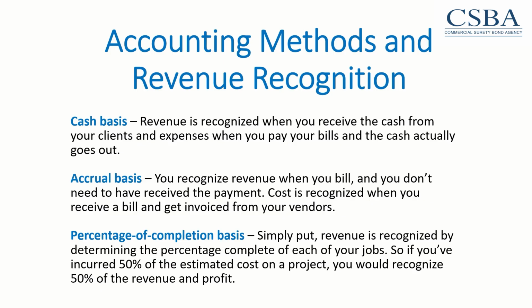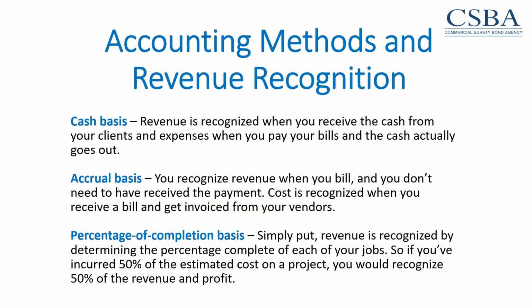At CSBA, we put a lot of effort and work into helping our contractors understand these concepts, because the better reflection we can provide to the surety company about how our contractor customers are doing, the better chances we're going to have for a successful relationship with the surety and to really maximize the bonding credit that the surety company is going to be willing to provide. So let's start by doing a quick overview of the different methods of accounting, and then we'll jump into some examples, because that's probably the best way to understand the dynamics with each of these and how they work.